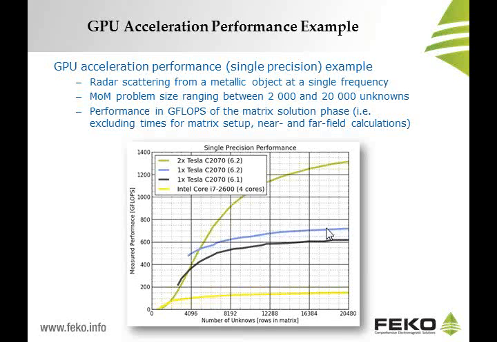By certain improvements, we were able to push that limit in FEKO Suite 6.2 a bit upwards. We are at about 700 gigaflops, and in FEKO Suite 6.2 we also added support to use multiple GPUs within the same run from the same process or thread, and this is represented here in the green graph, and you see also for the larger problem sizes we almost double the performance.